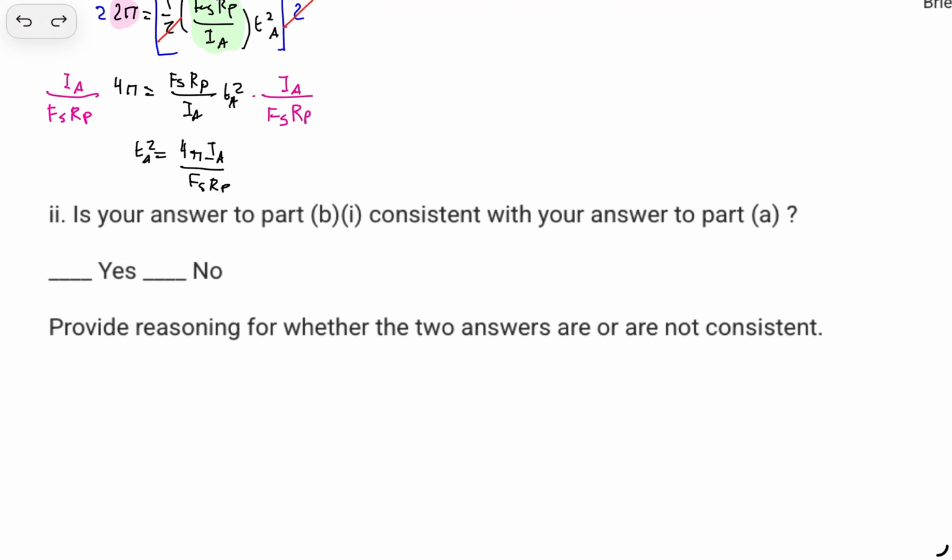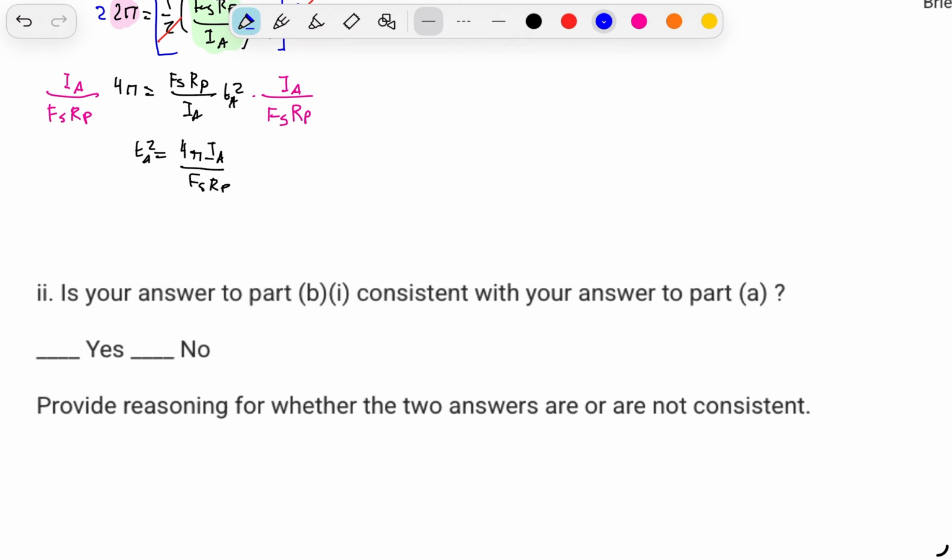Then you just take the root of both sides, and TA is equal to the root of 4 pi Ia over Fs Rp.